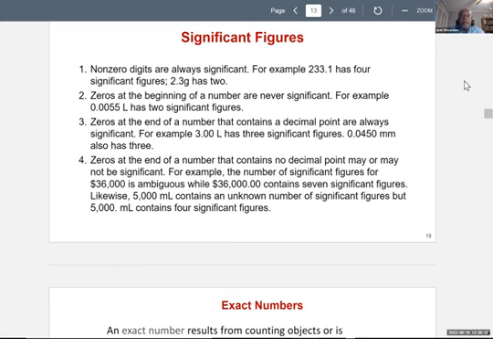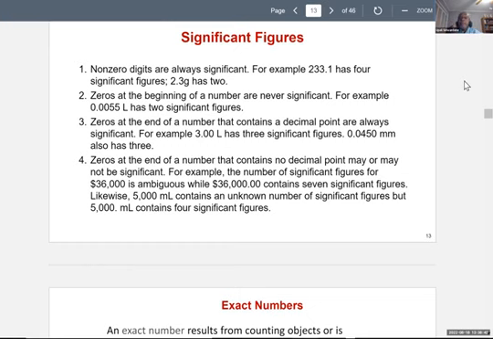First one: if you have a number with no zeros, all numbers are significant. 233.1, all four numbers. The last number to the right is the uncertain digit. The uncertain digit is 1.